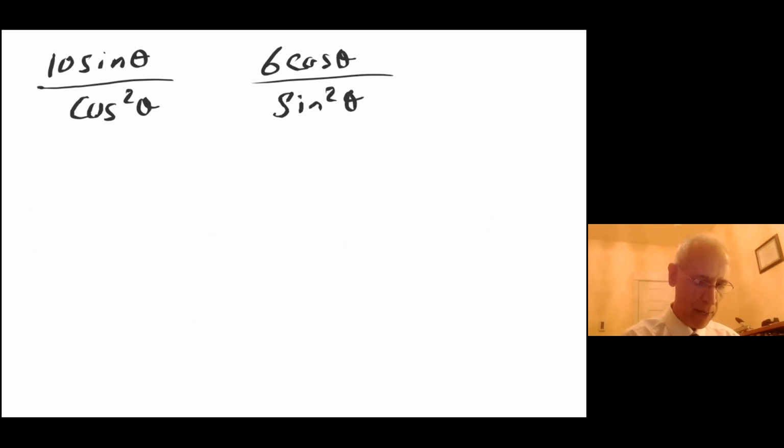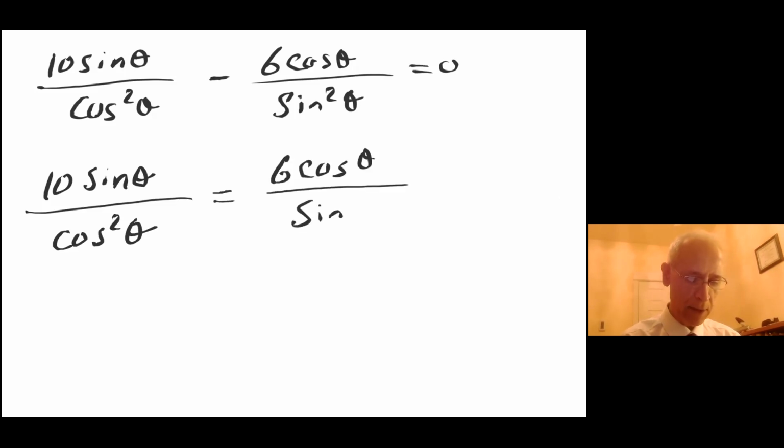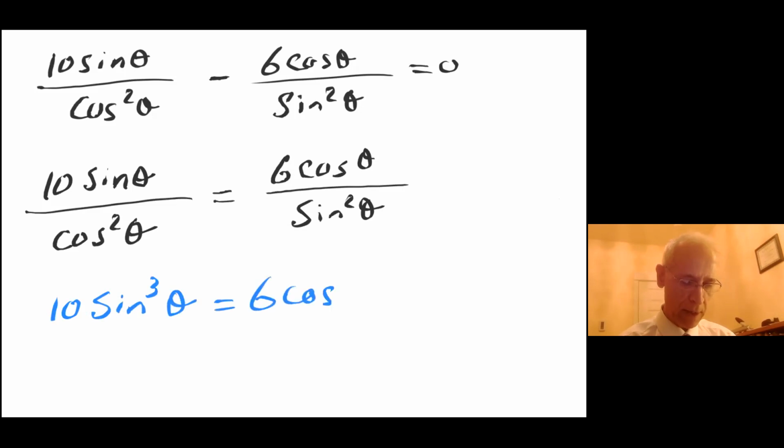I had this minus that equals 0, so if I rearrange, I get 10 sine of theta over cosine squared of theta equals 6 cosine of theta over sine squared of theta. Cross multiplying, I get 10 sine cubed of theta equals 6 cosine cubed of theta.